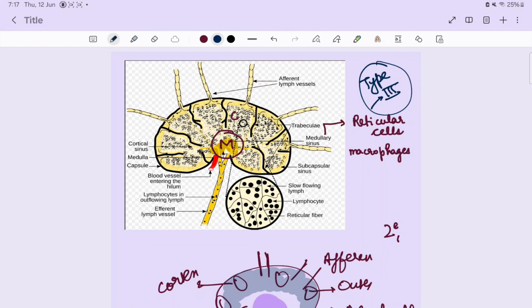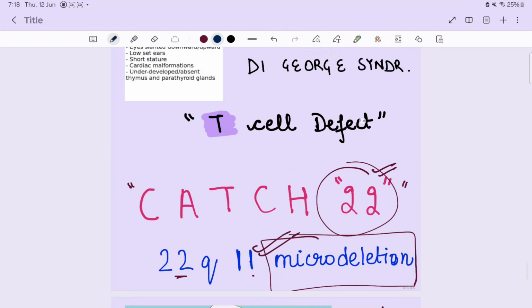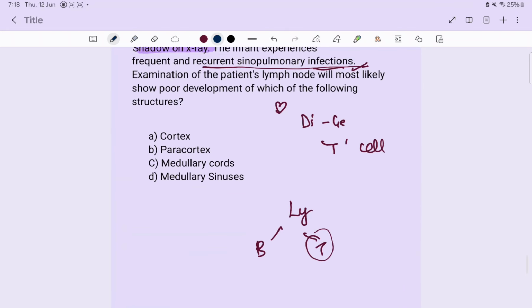When we say the lymph nodes are swollen, that lymphadenopathy is due to paracortex hyperplasia. This is a very nice question, because here we have learned about DiGeorge and the structure of the lymph node. So the answer is paracortex, that is B.